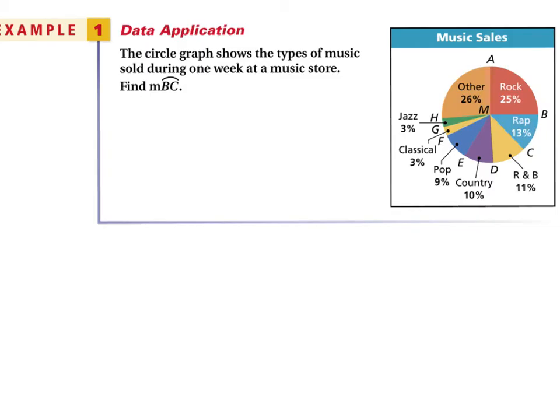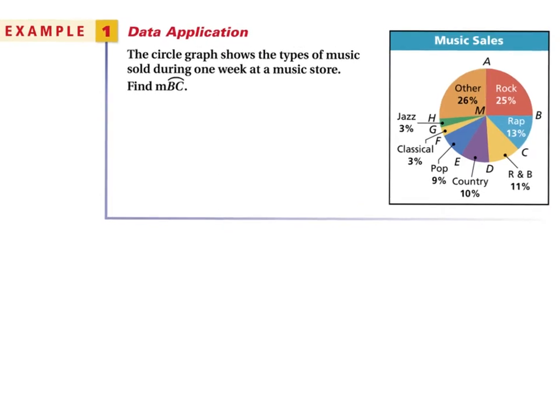So in example 1, the circle graph shows the types of music sold during 1 week at a music store. Find the measure of arc BC. Arc BC, if you look right here, is rap. Well, the measure of arc BC is equal to the measure of angle BMC.